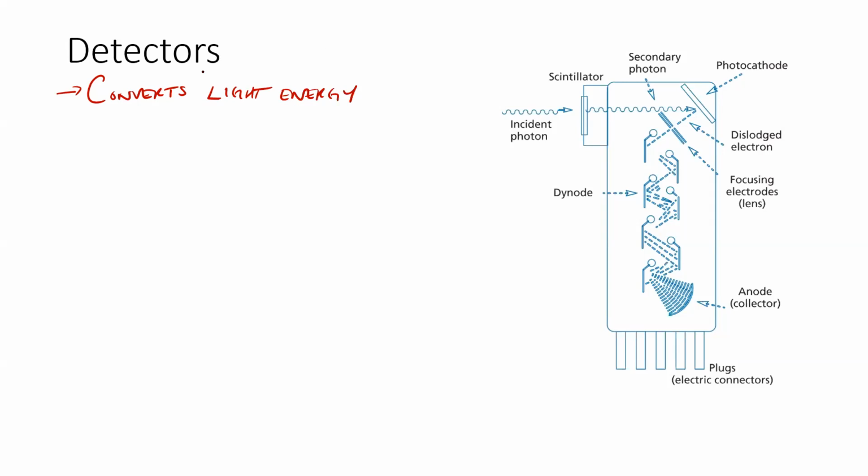The word I wanted for light energy is radiant energy. Sorry, it just wasn't in my brain. Right? And really what that means for us is a way of converting photons to electrons.